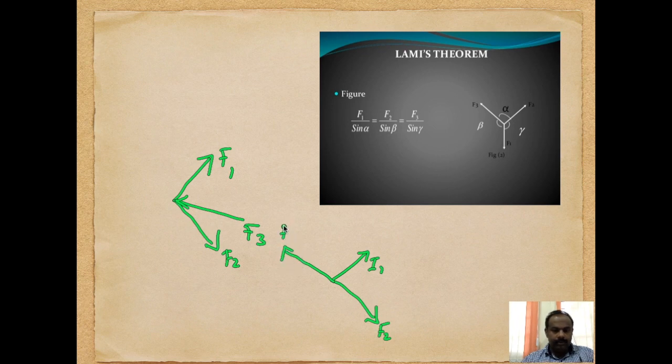So this is your F3, and then you can do the math in that. F1 opposite to that, this is alpha, F2 opposite to that, this is beta, and F3 opposite to that, this is gamma. And now with Lami's theorem you can do the problem.